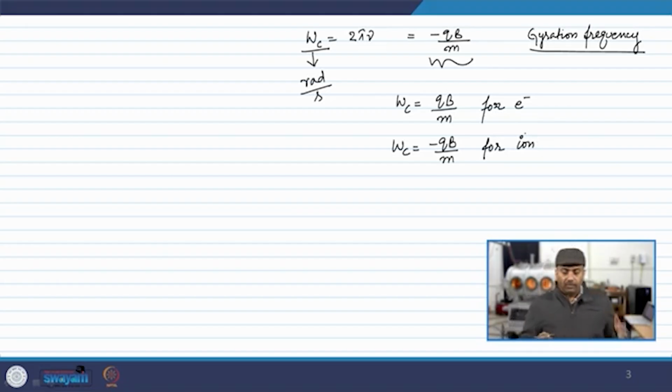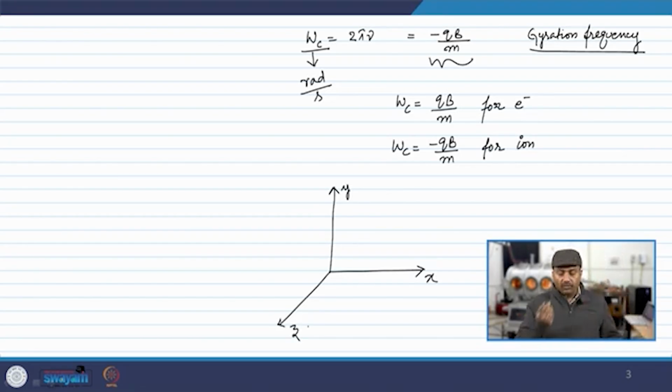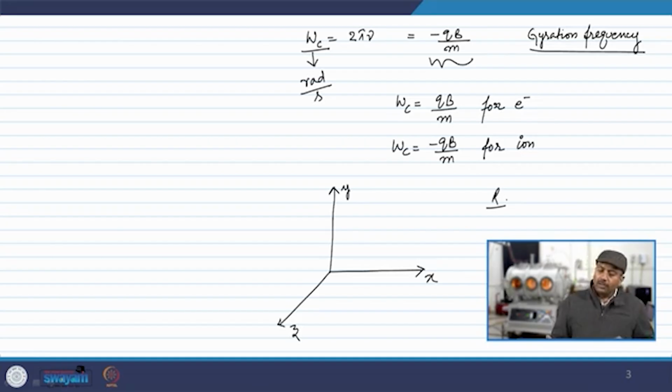For example, we take a coordinate system like this, with x, y and z. So, z is coming out of the plane. What kind of coordinate system is this? This is a right-handed coordinate system. Why do we say that? In a right-handed coordinate system, the z axis is coming out of the plane, and the direction you take x, y, z is in this way.